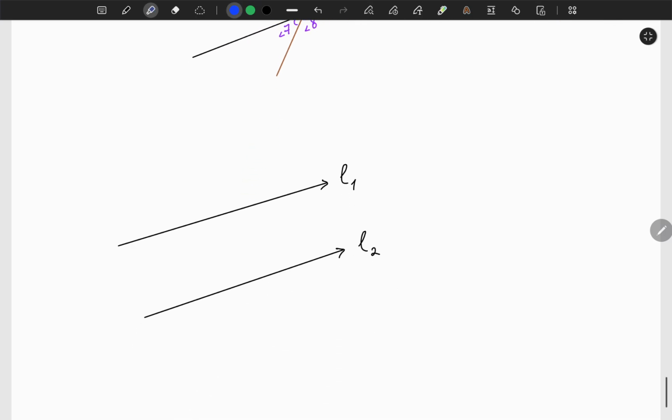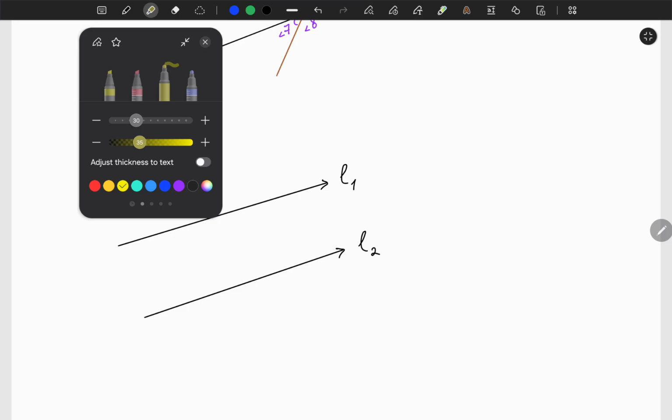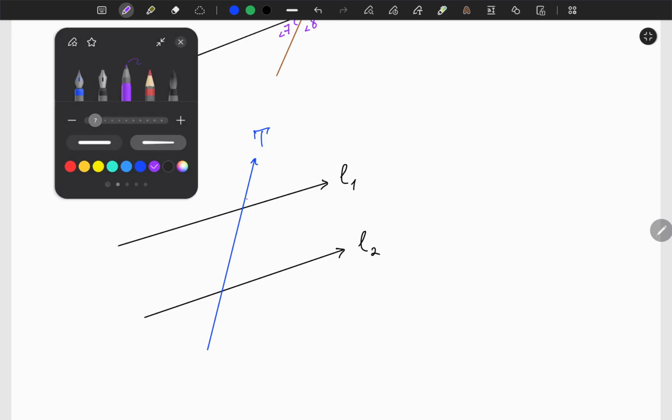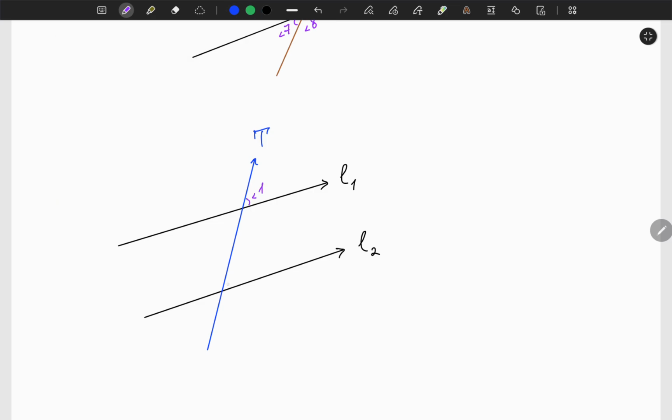We have a transversal line here. I'm just going to write T on it. And two angles, angle 1 and angle 5. We said they are equal. So how will I prove it?